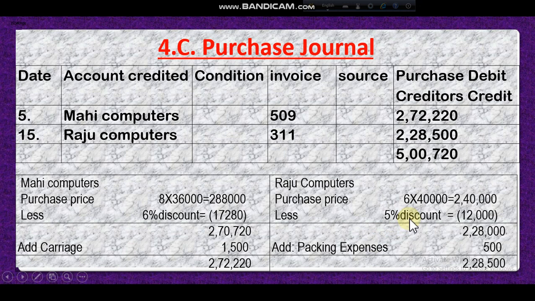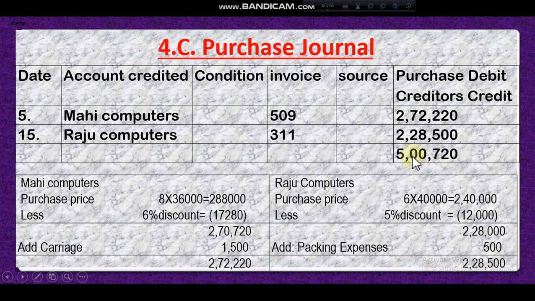So 2,40,000 into 5 divided by 100, it is 12,000. So it is 2,28,000 is the purchase price, and there are packing expenses of 500. So total amount of purchase price is 2,28,500.